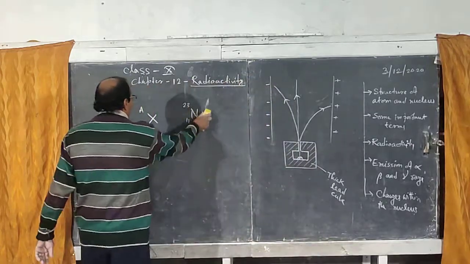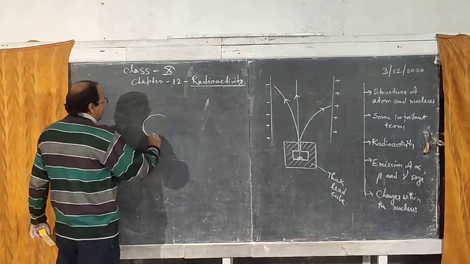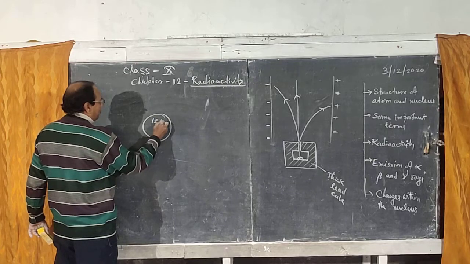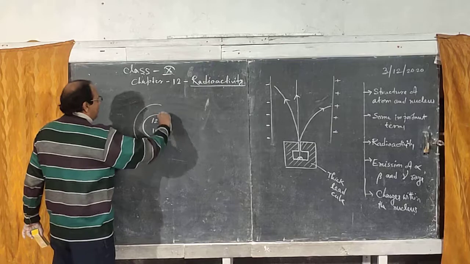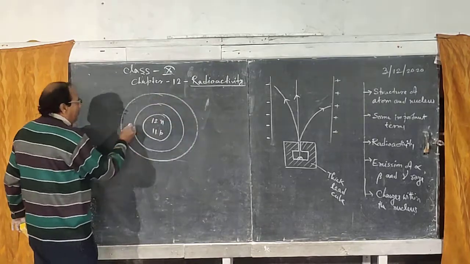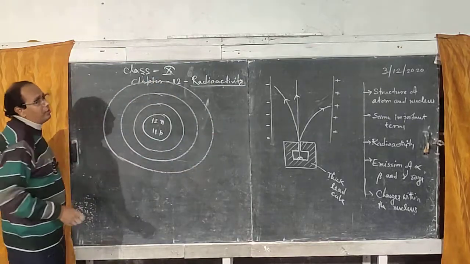So the atomic model, if you look here for sodium, we will see there will be a nucleus with 12 neutrons and 11 protons, and the 11 electrons are there, but they will not revolve in a particular orbit. They will be revolving in different orbits.